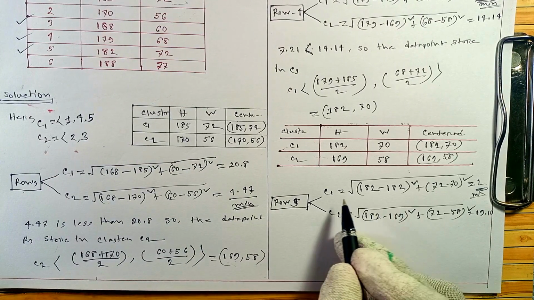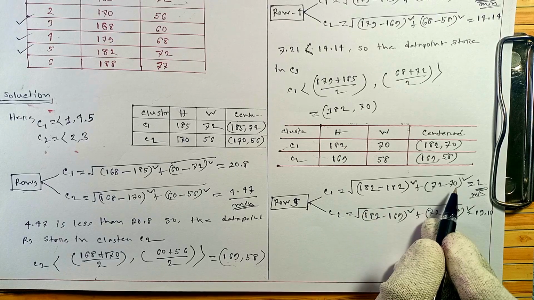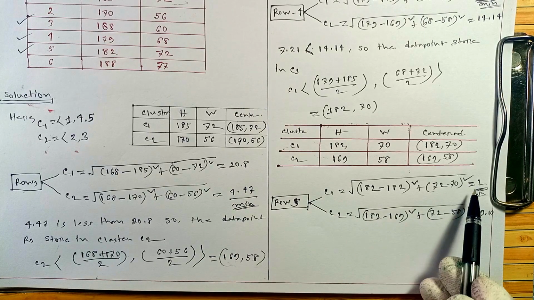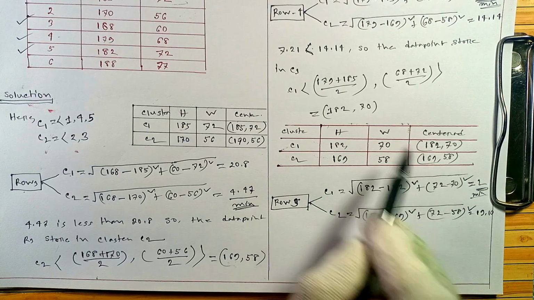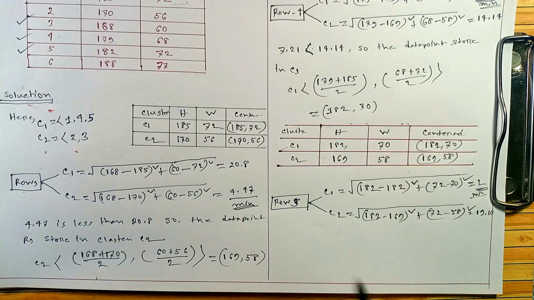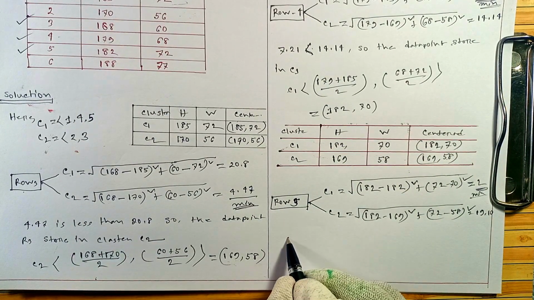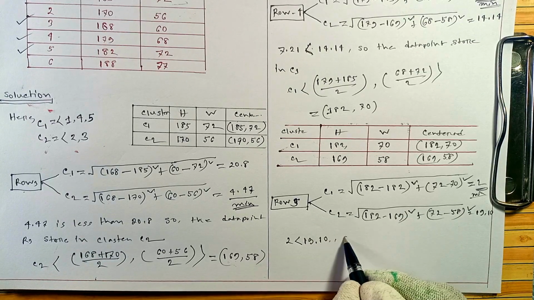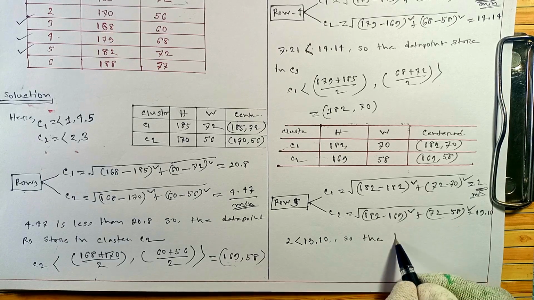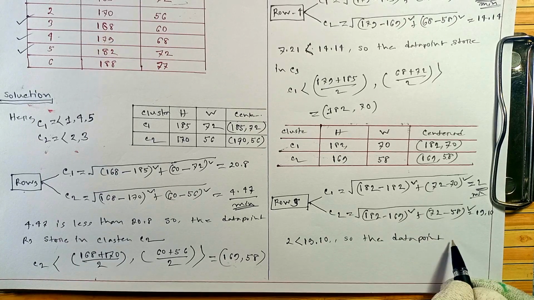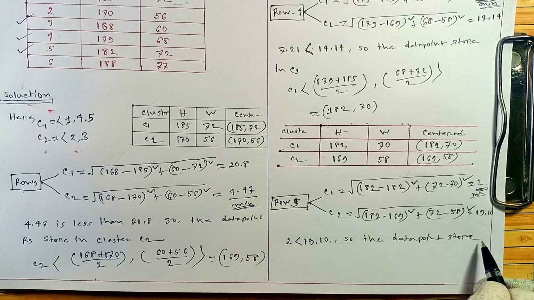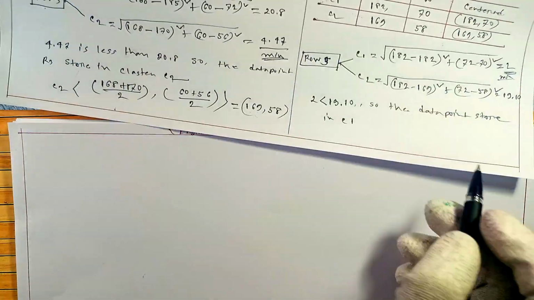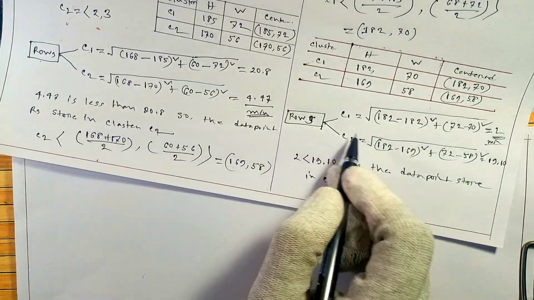Now we have to update C1 because the C1 value is minimum. We can write the same thing here: the data point is still in C1. Let's write 2 is less than 19.10, so the data point is stored in C1. Now we got row 5 stored in C1.